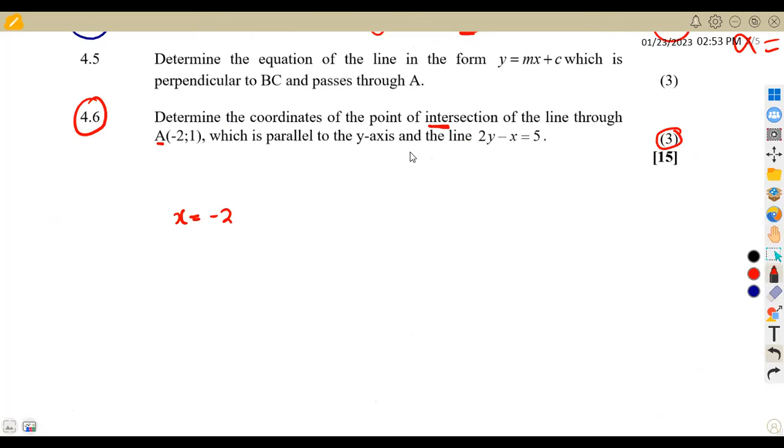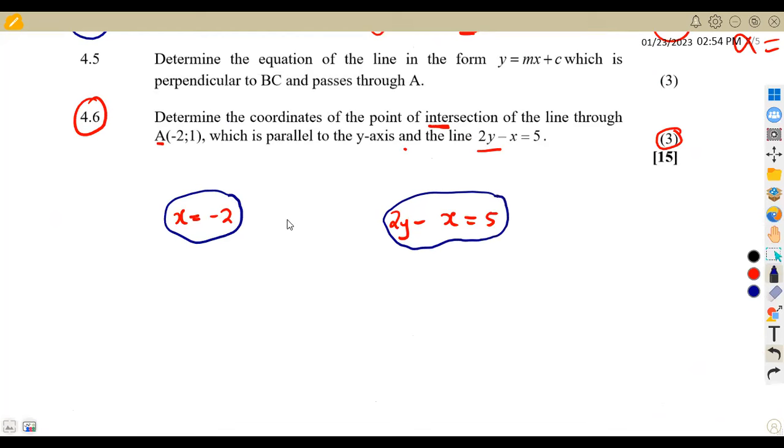So at point A, we are given the equation of the line, x is equal to -2, parallel to the y-axis, and there's another line, 2y minus x, which is equal to 5. So for you to find the point of intersection of these two lines, there is a line of x is equal to -2 and a line of 2y minus x equal to 5. At the point of intersection of these two lines, these two equations are equal.